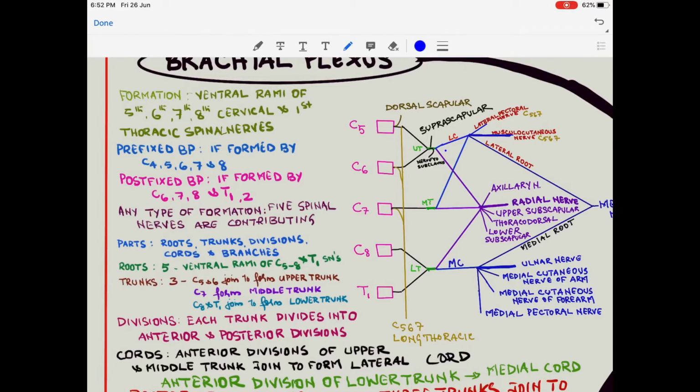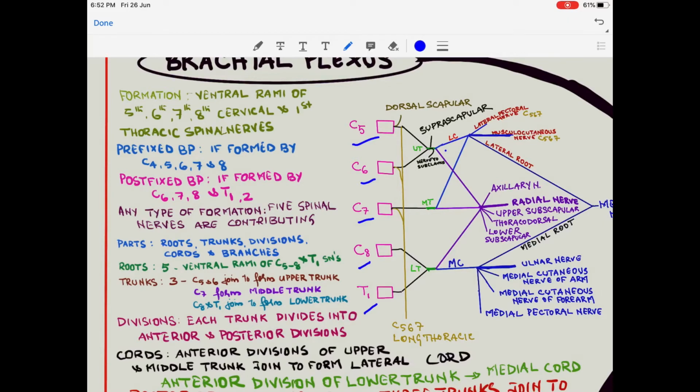In normal type, the nerves contributing are the 5th, 6th, 7th, 8th cervical spinal nerves and the first thoracic spinal nerve. So the ventral rami of C5, C6, C7 and C8 plus the T1 spinal nerve.